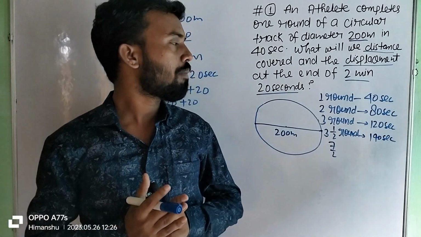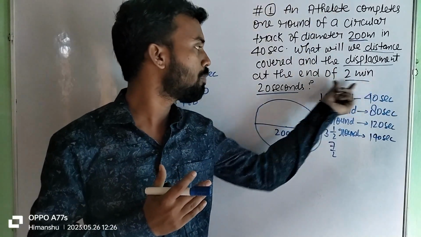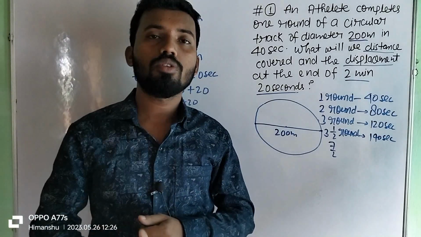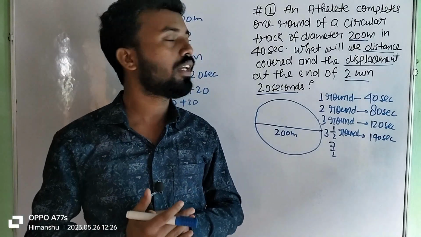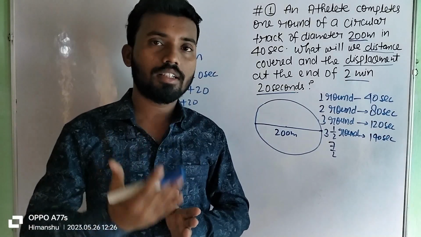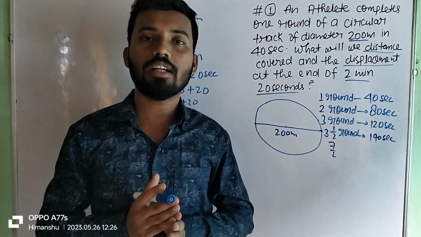So we first have to calculate the radius of the circle and then convert the given time interval into seconds, because second is the SI unit of time.